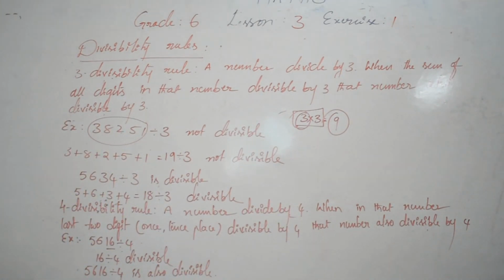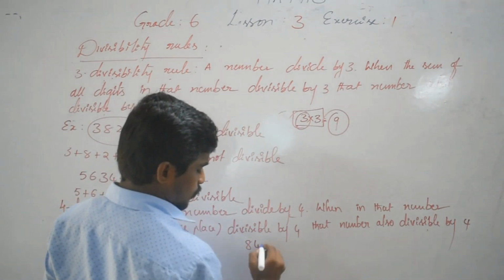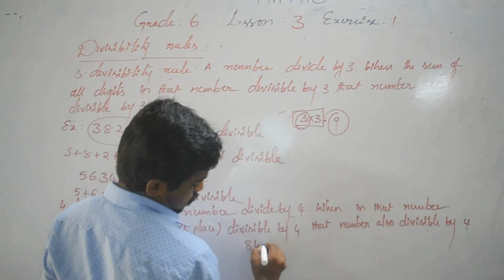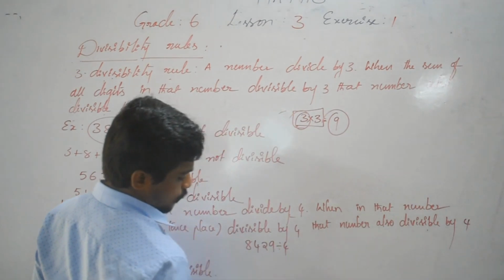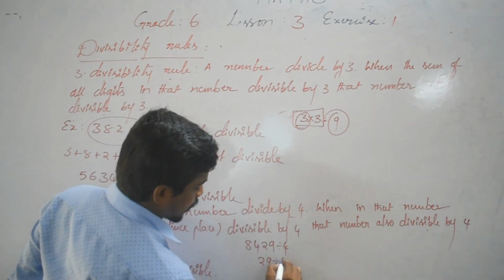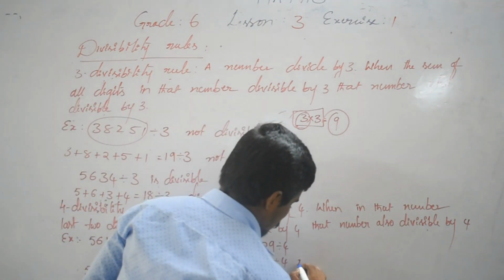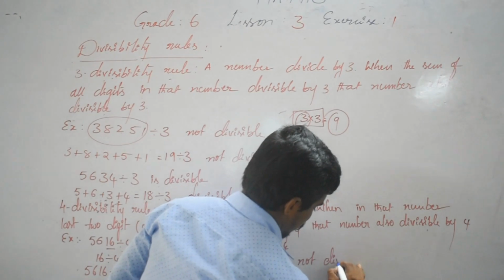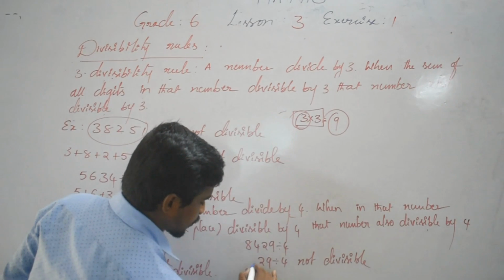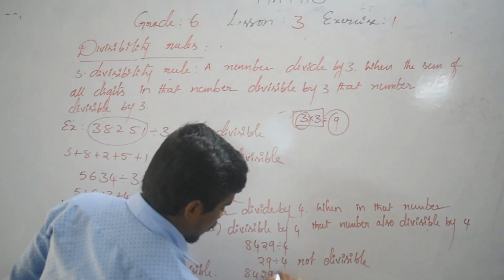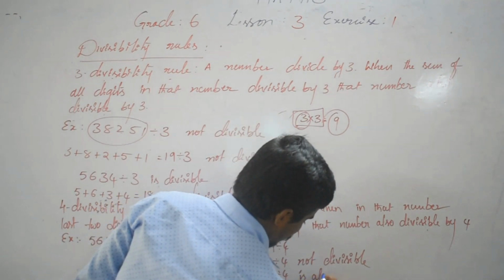Another example, 8429 divided by 4. So 29 divided by 4, divisible or not divisible? Not divisible. So 8429 divided by 4 is also not divisible.